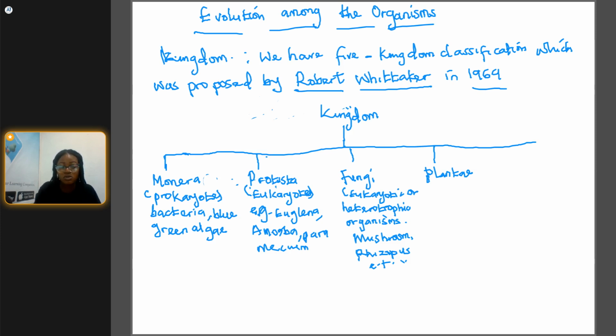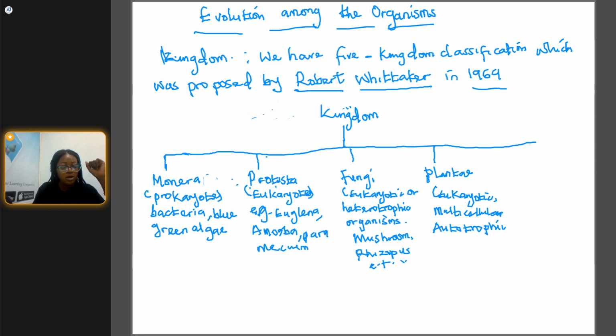Also, we have multicellular organisms under it, and we have eukaryotic, multicellular organisms, and they are also autotrophic.